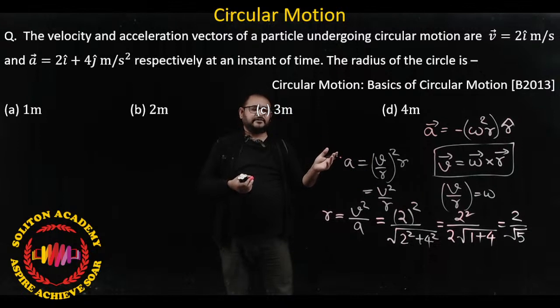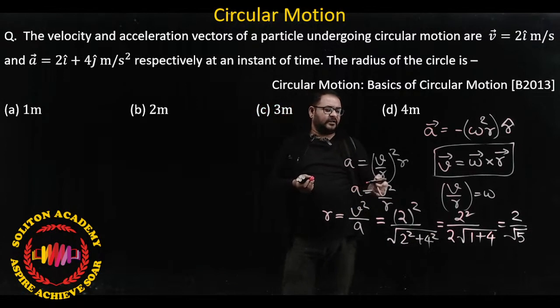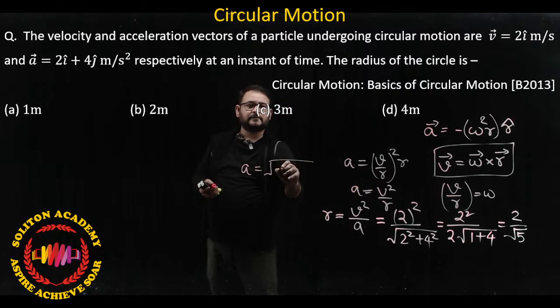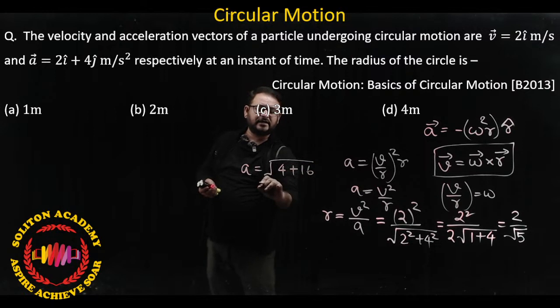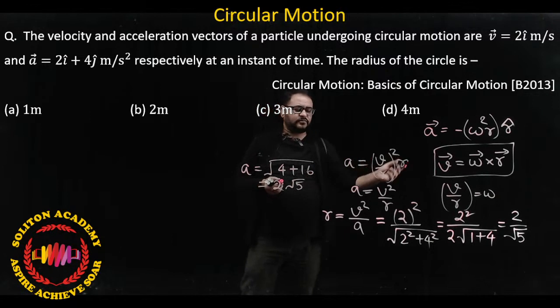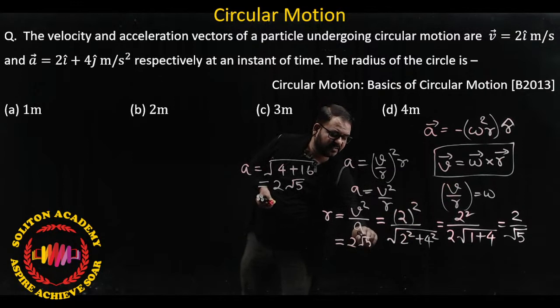Velocity and acceleration are given. So, acceleration is v square by r. So, r is v square by a. Now, the magnitude of a is just the square root of 4 plus 16, which is 20, so 2 root 5. So, I think it is 2 by root 5, and if you write it down, 2 root 5 by 5. Okay, so let's approximate.